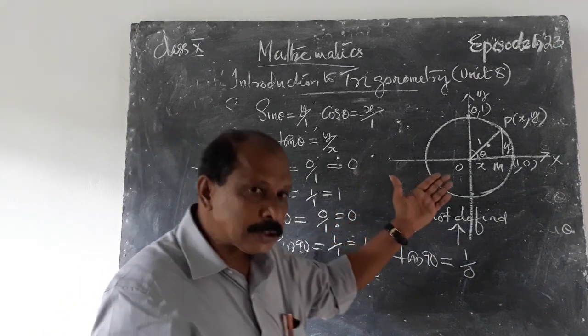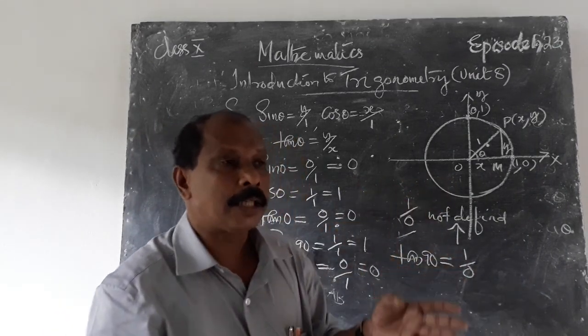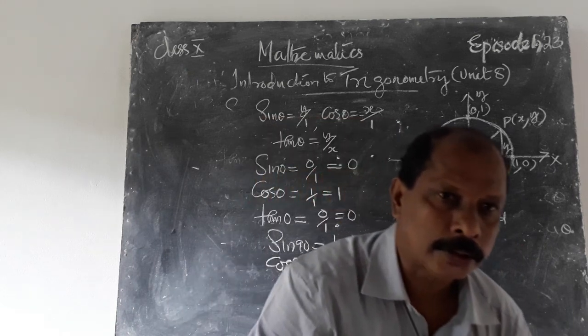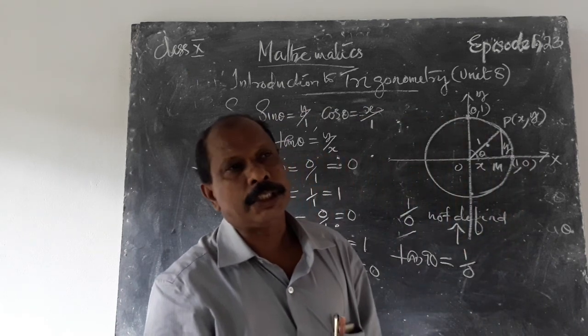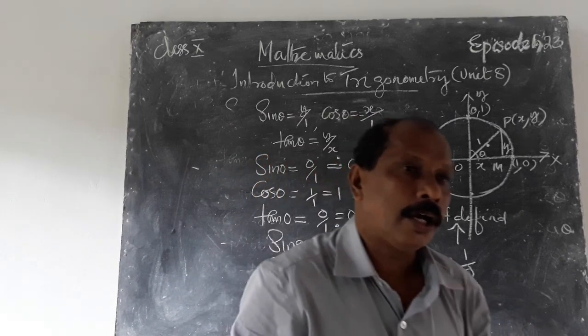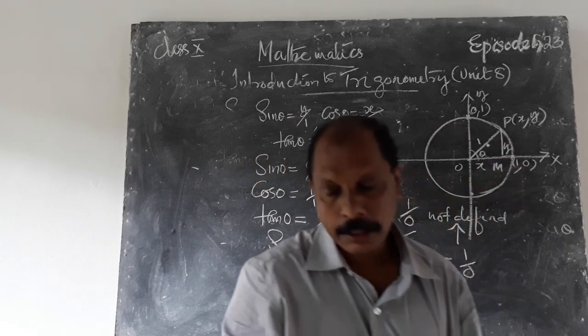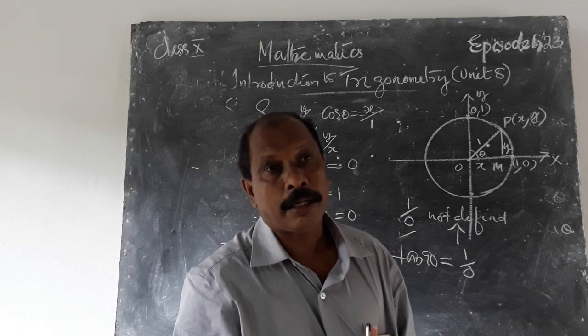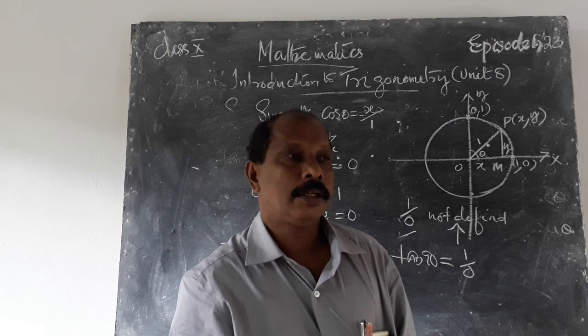These are the methods to find the values. Sin 0 is 0, cos 0 is 1, tan 0 is 0. Cosec 0 is not defined, sec 0 is 1 and cot 0 is not defined. Sin 90 is 1, cos 90 is 0 and tan 90 is not defined.